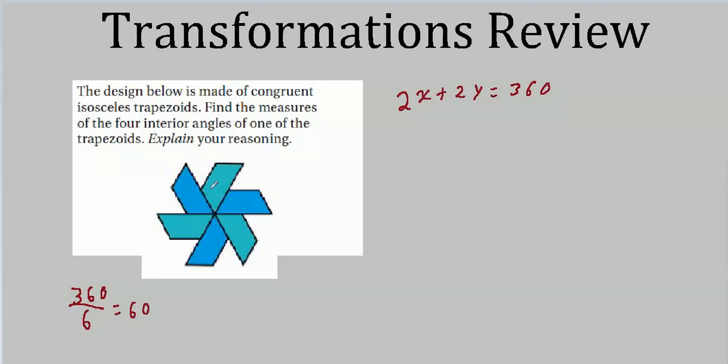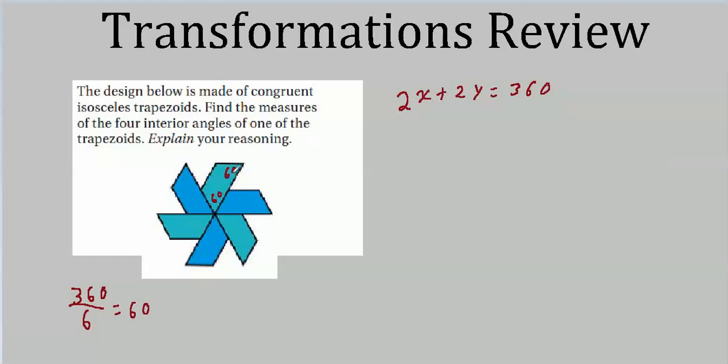It also forms a side of this isosceles trapezoid, which means that if I rotate this side onto this side, I've rotated 60 degrees. That's the angle between this side and this side on this trapezoid. So I just write it in here, 60 degrees. Well, that means this one is 60 because they're congruent.